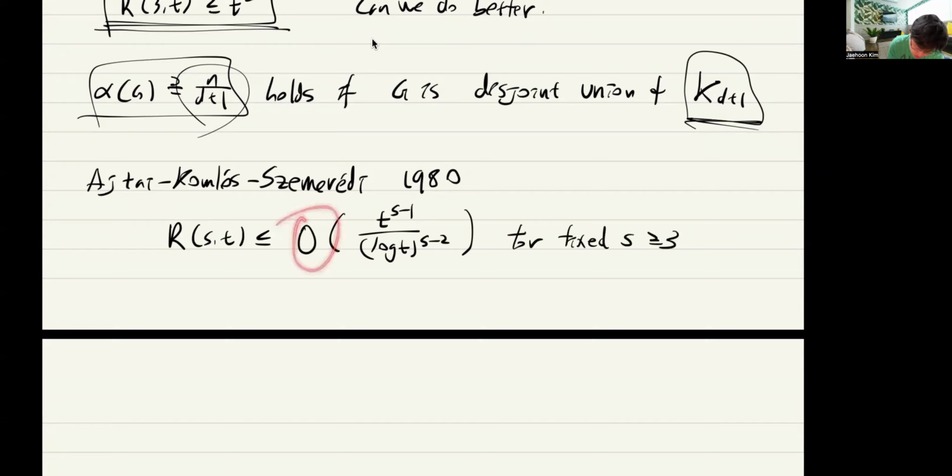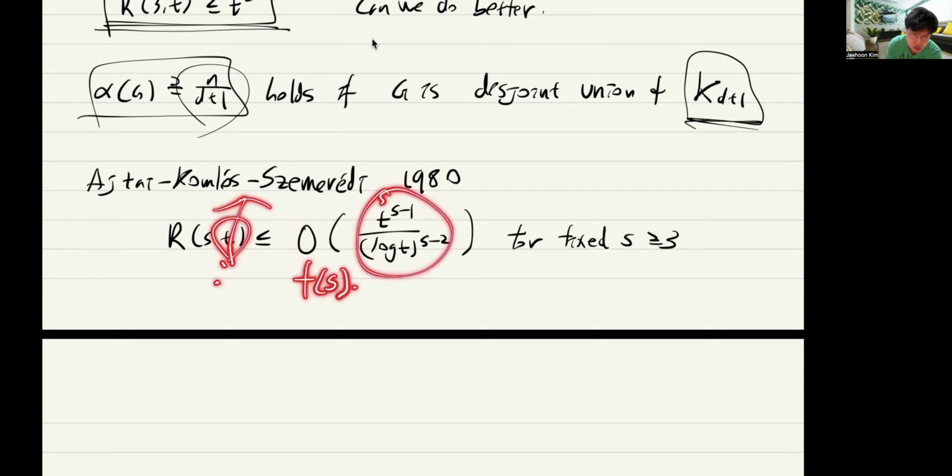So this constant depends on some function of s, times this, as we let t grow.